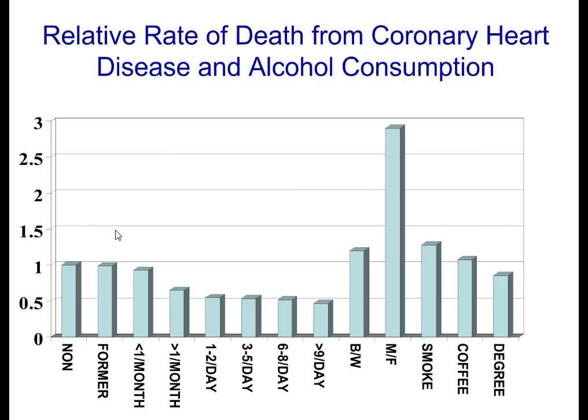So what can you tell me? If you drink more than 9 drinks a day, what's your chance of dying of heart disease? Compared to the non-drinker, which is arbitrarily set at a value of 1. So if you drink greater than 9 drinks a day, no heart disease.